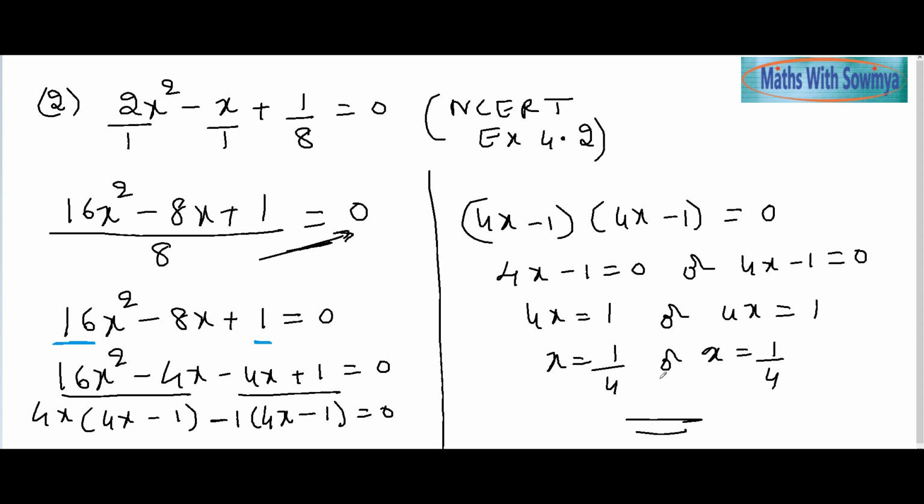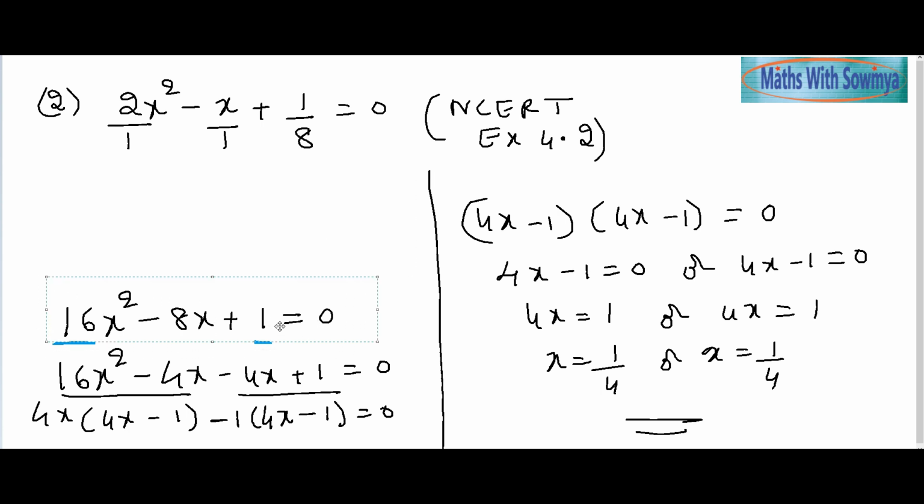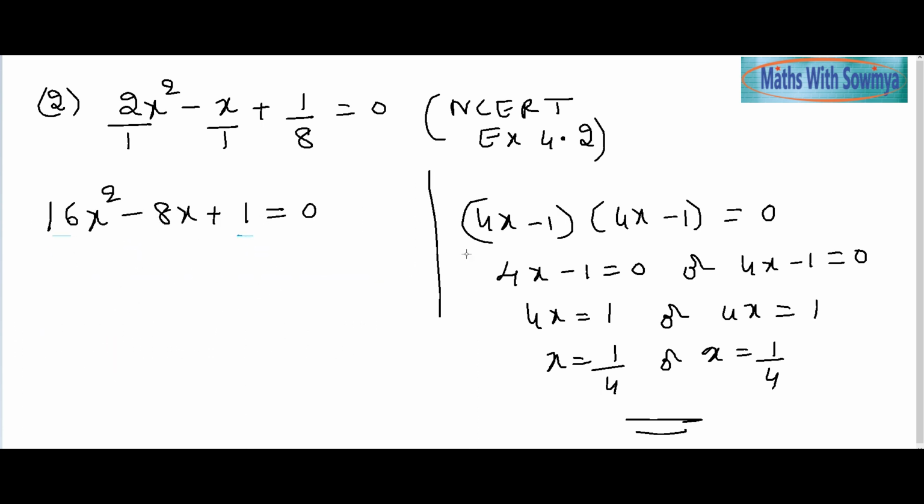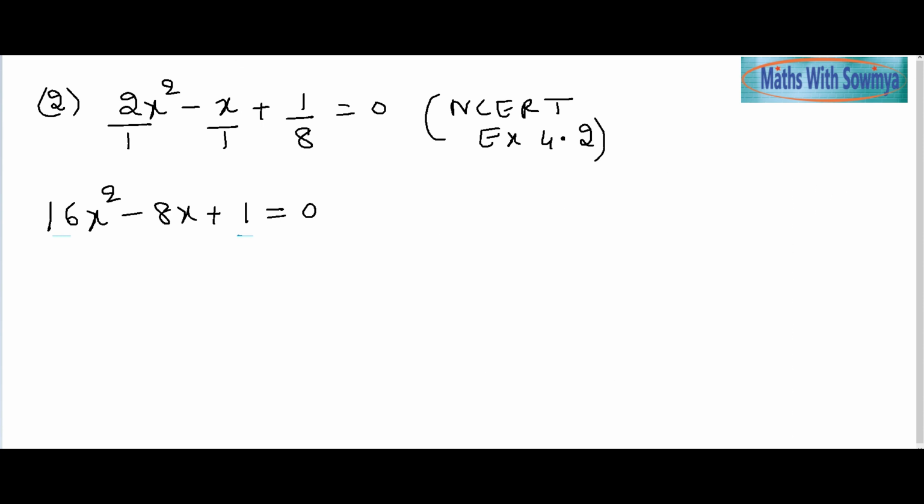This can also be done in another method. So, let us do that also here. After we reach till here, you can see the first term is a complete square, 4x whole square, and this is 1 square, but this is not the splitting method.